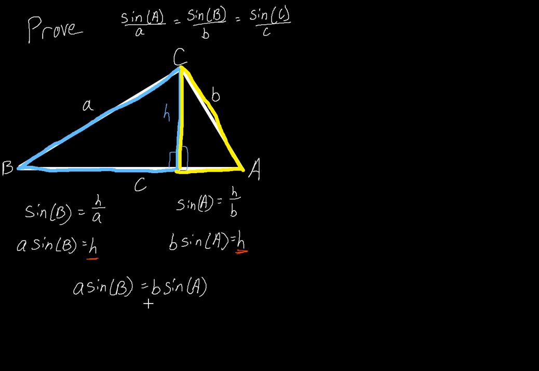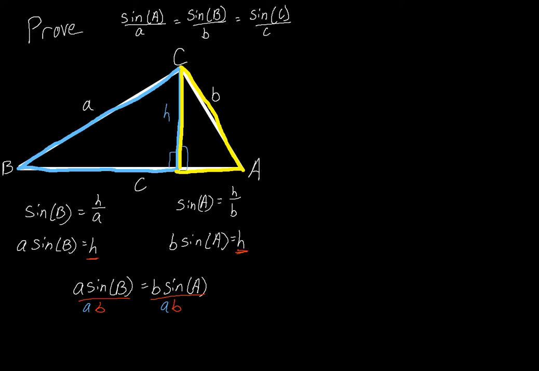If you look carefully at this, we can divide this side by b, but if we do it to one side, we've got to do it to both. And we can divide this side by a, but if we do it to one side, we've got to do it to both.